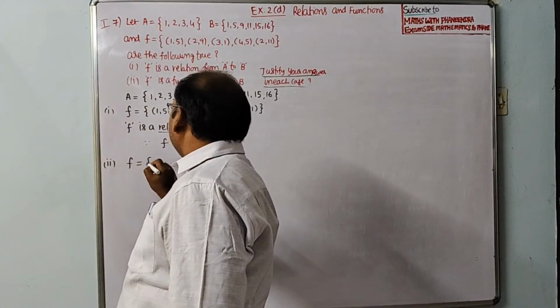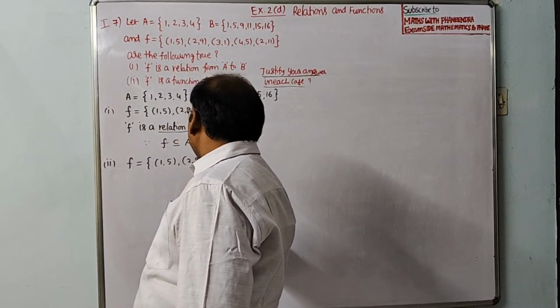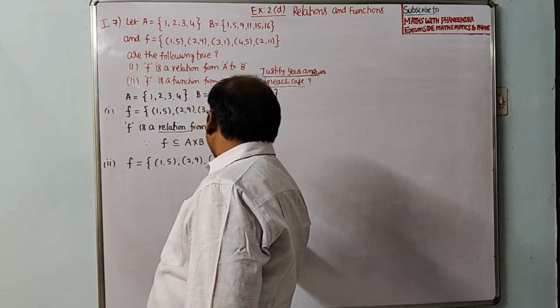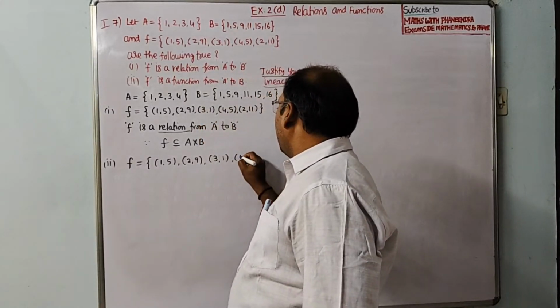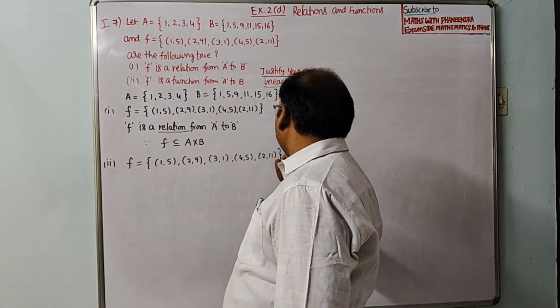F is equal to {(1, 5), (2, 9), (3, 1), (4, 5), (2, 11)}.